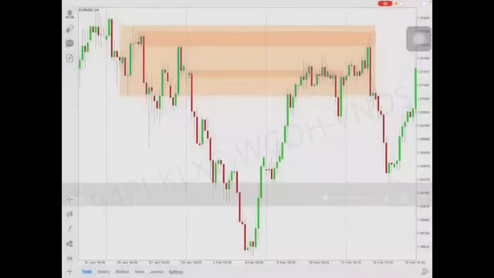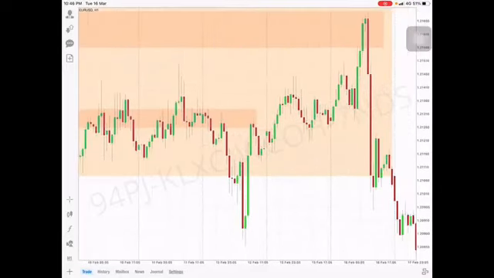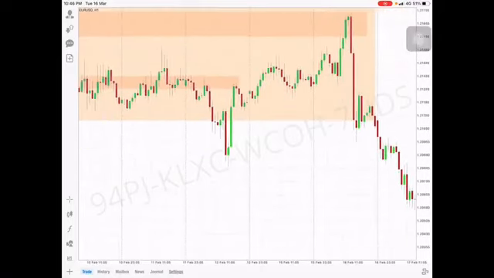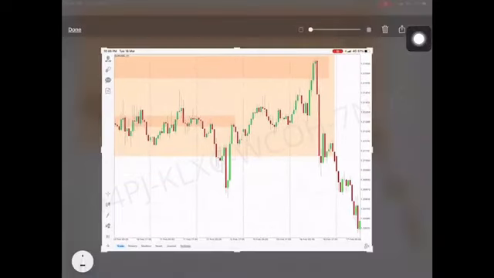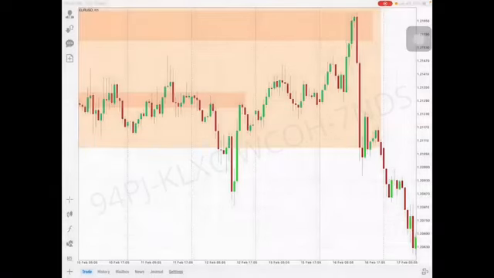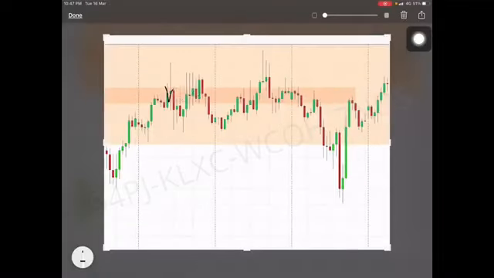Okay. Now look at this. So now you have 2 zones. When the price comes into the zone, it made sideways. This is H4. And then it has sell breakout.